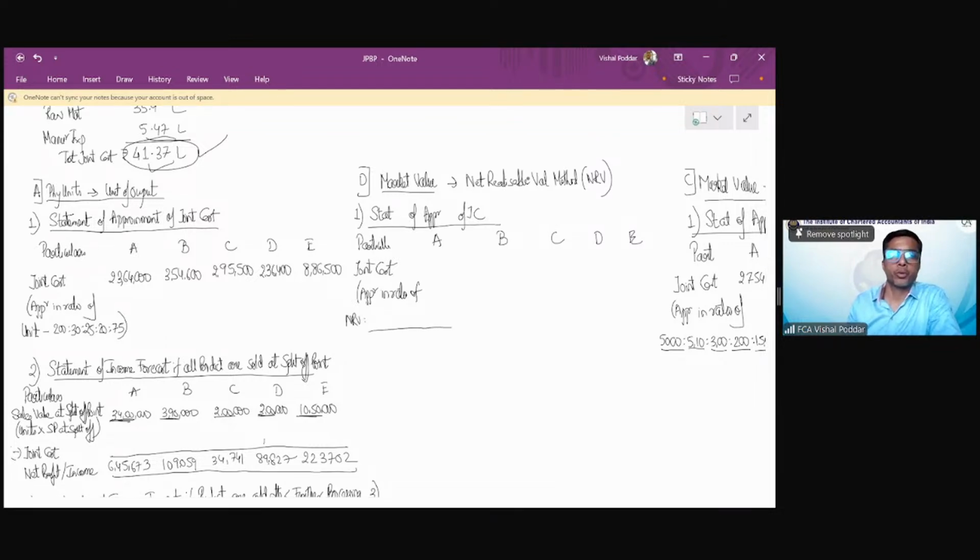Now, for this ratio, we have to do one small working. That working is, we'll take sales value after further processing. We have it. From this, we will subtract our further processing cost. This difference is my NRV.